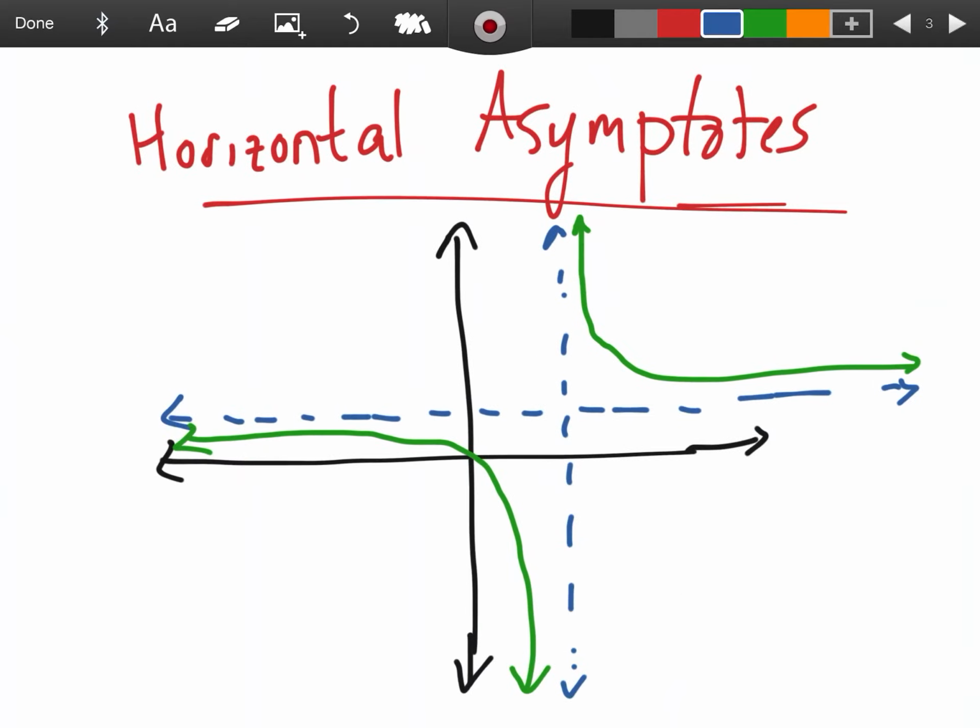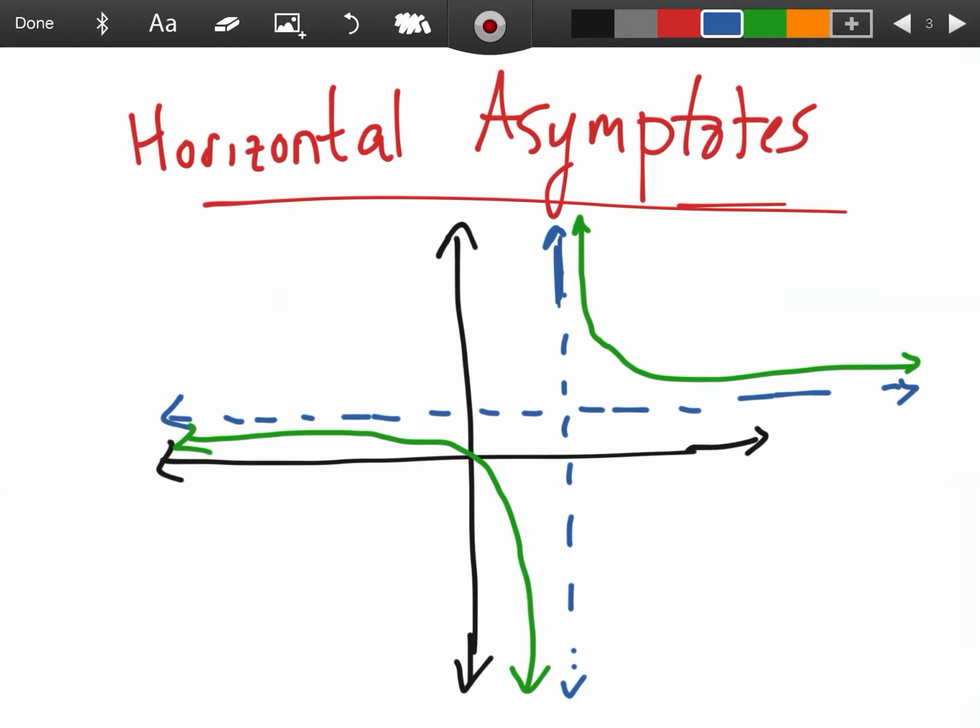All right, so now getting into these horizontal asymptotes. And horizontal asymptotes actually tell us what the end behavior of the function is. So we've already kind of discussed vertical asymptotes. Looking at this vertical asymptote right here, we can see as I approach the vertical asymptote, my y values either go to positive infinity or negative infinity.